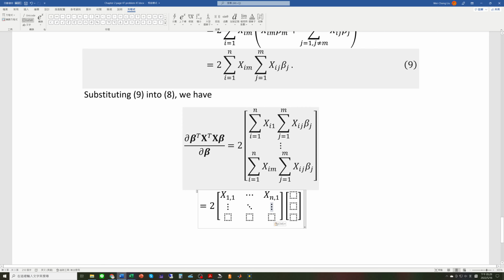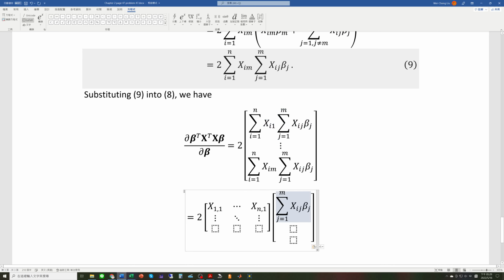So this vector, the first term should be this, with i being replaced by 1. So we replace this i by 1: x_1j, and vertical dots.